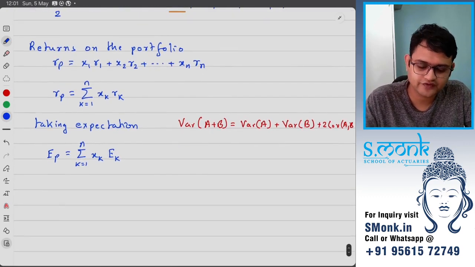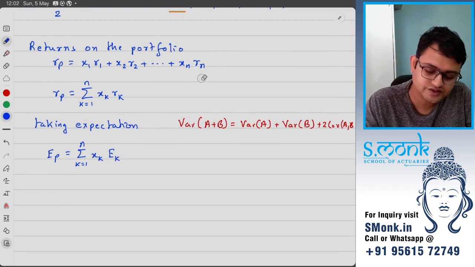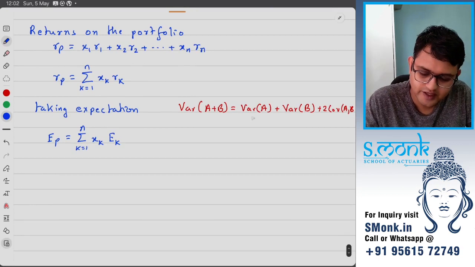So if I take variance of these returns, what do I get? I get variance of A plus variance of B and 2 times covariance of AB.